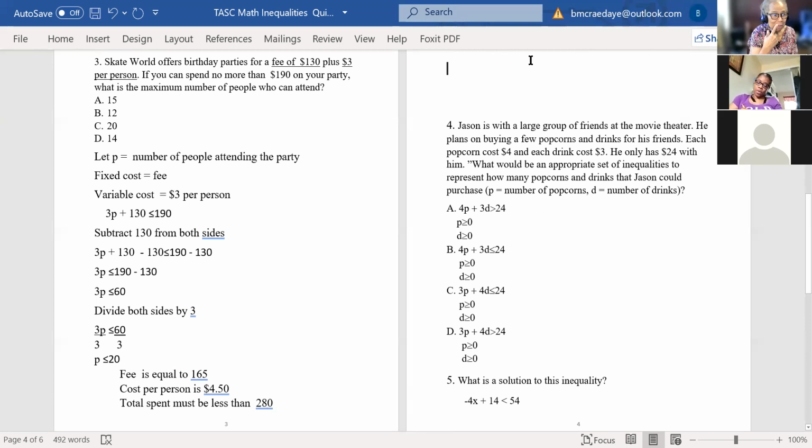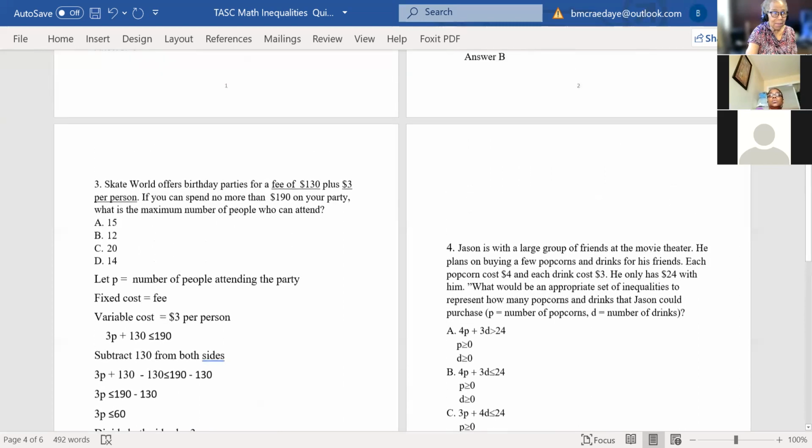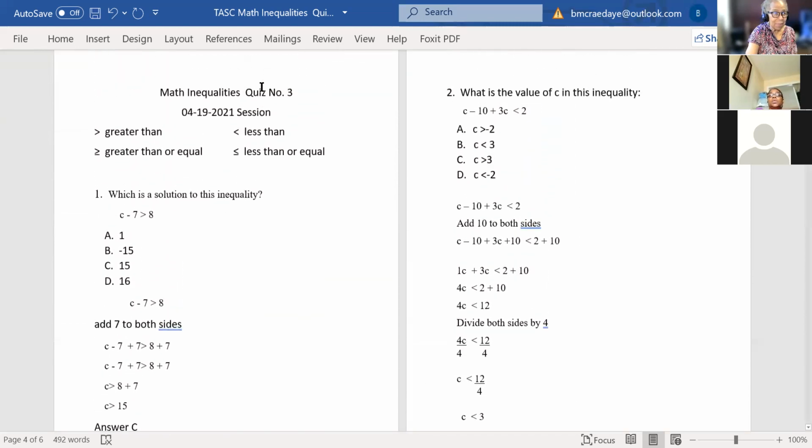The inequality has 165, and we said it's a less than, right? So we know the inequality is going to be a less than symbol right here.